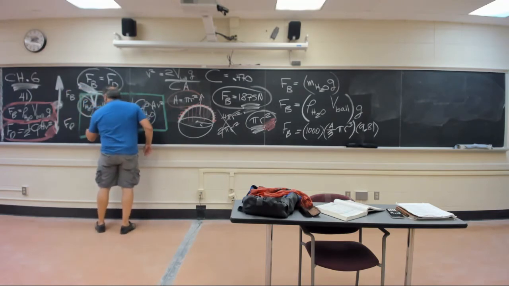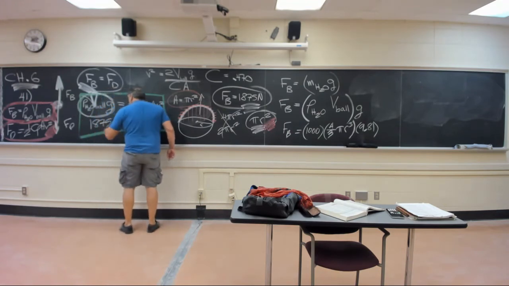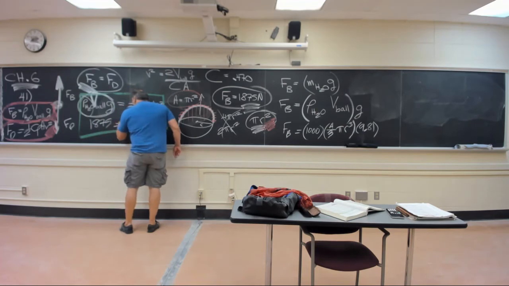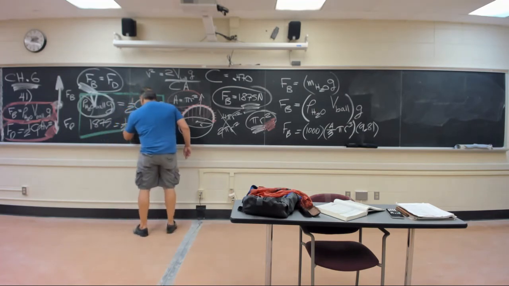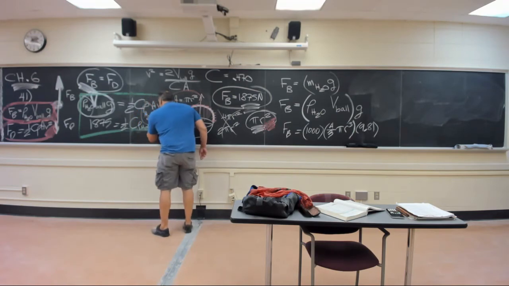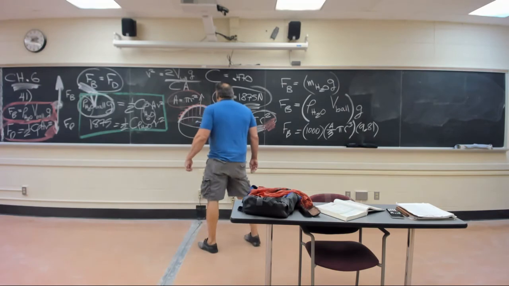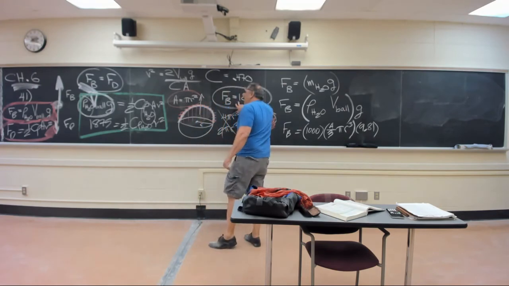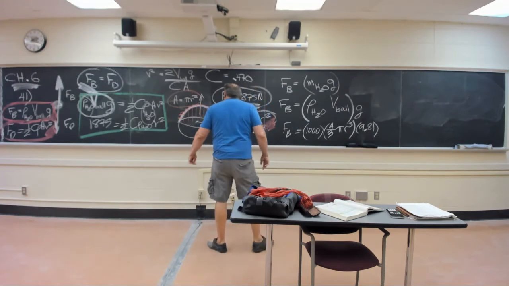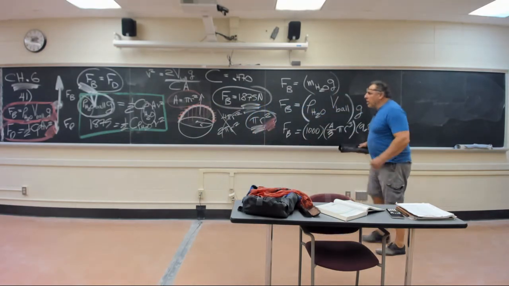The buoyant force was in the ballpark of 1875, and then you got this business: the C, the rho H2O, and the V squared, and that's a whole lot easier to deal with. We already found what the buoyant force was. We could have gone with that as well. So either one is going to work okay, you guys.